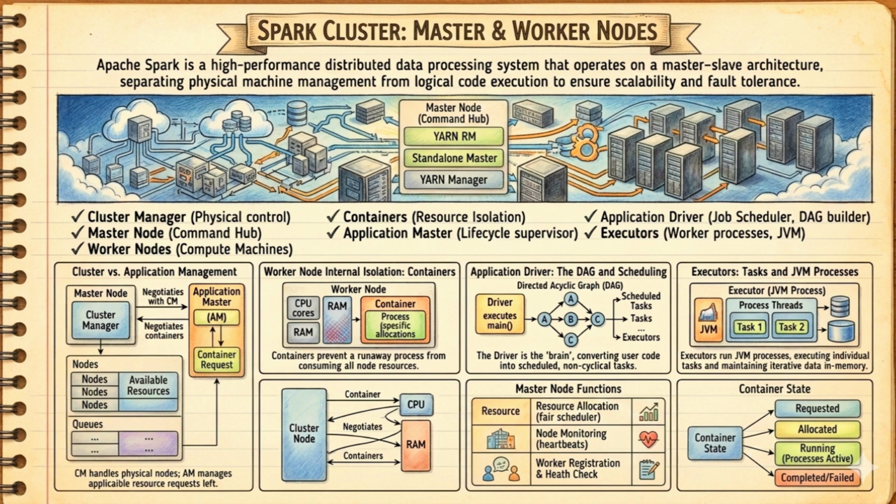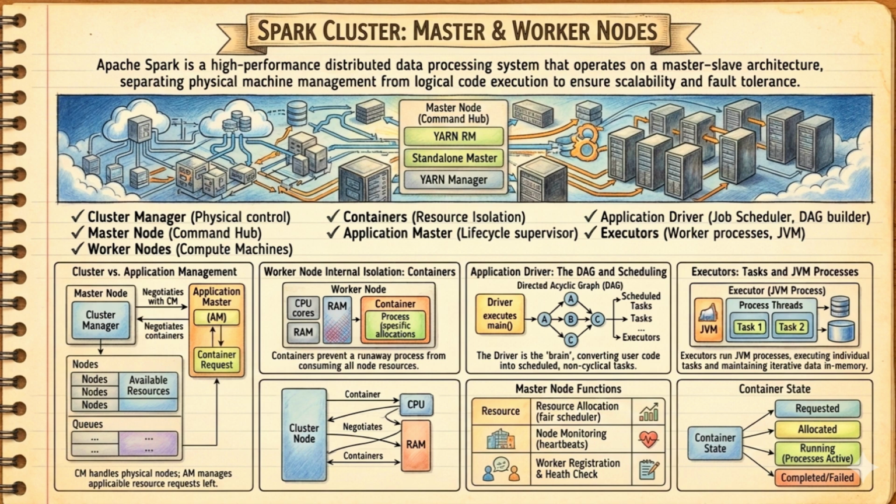The worker nodes, on the other hand, are the machines that perform the actual computation. Each worker node provides hardware such as processor and memory that Spark uses to execute tasks. Within each worker node, Spark launches executors inside containers. These executors receive tasks from the driver and execute them using local resources of the machine. Once the tasks are completed, the results are sent back to the driver.